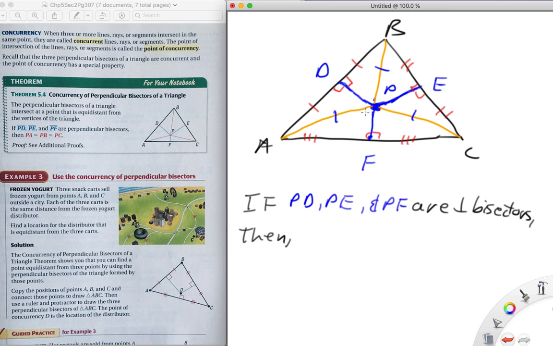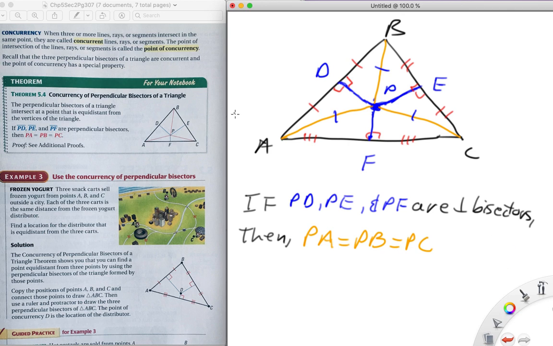If it lies on the line of the perpendicular bisector, then any point from the end segments must be congruent, right? So this is just an extension of the perpendicular bisector as it applies to triangles. Then PA is equal to PB is equal to PC.